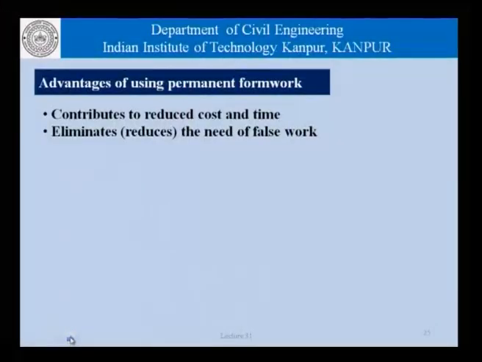It eliminates the need for doing any kind of false work, reduces the skill level needed at site, because erecting the formwork is a skilled operation. Most of these panels that are made are precast or prefabricated panels which are used in the construction, and therefore, the skill level required in the erection is different and of a much smaller magnitude compared to erecting normal formworks.